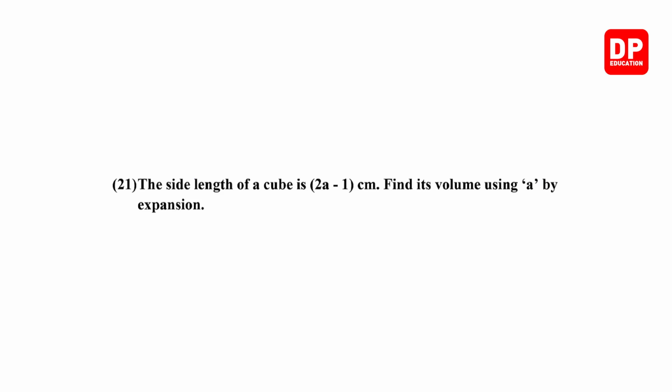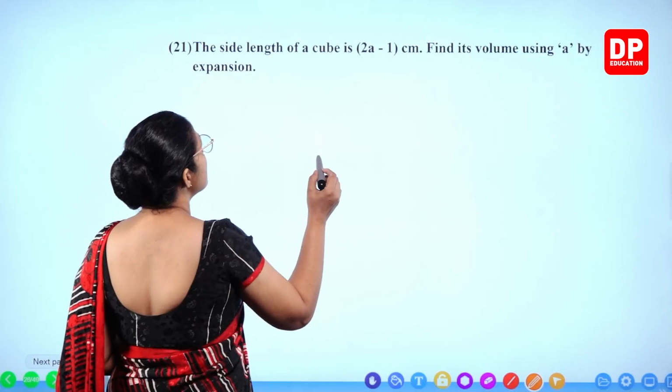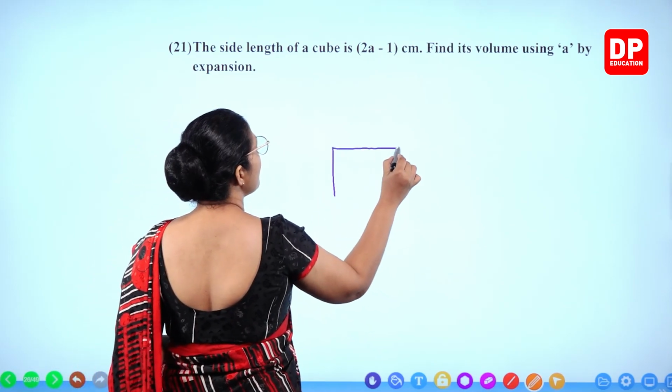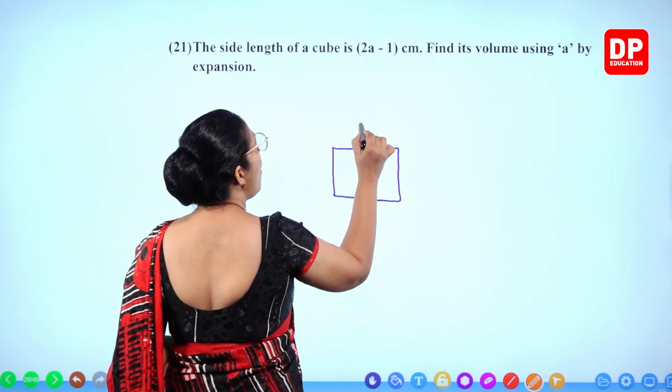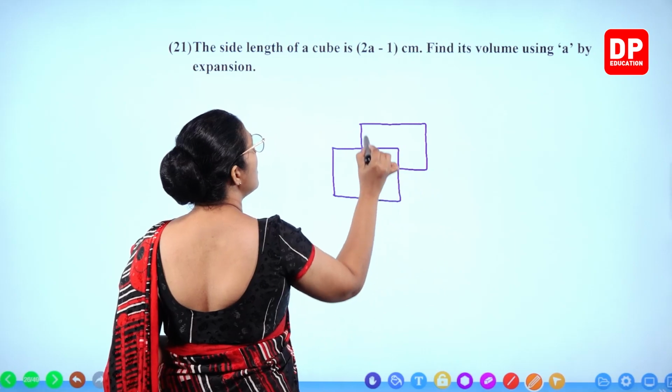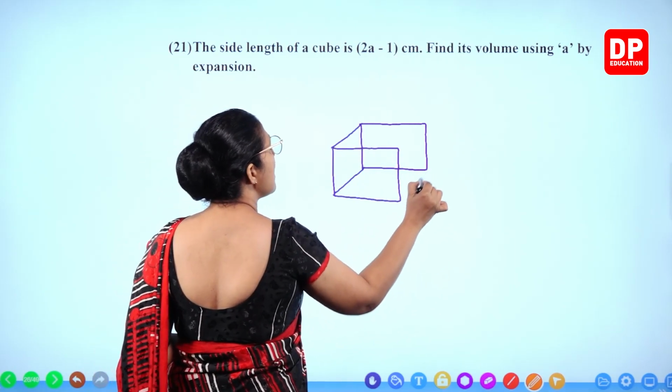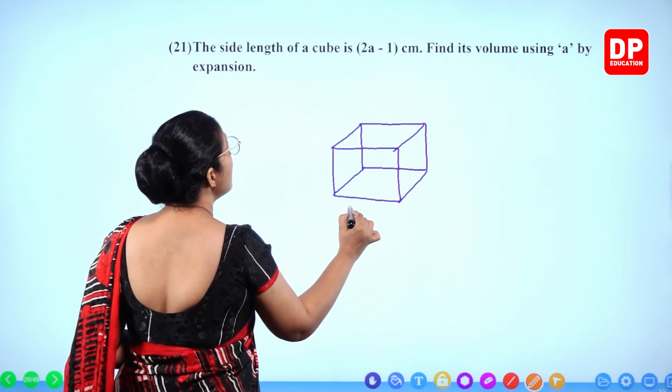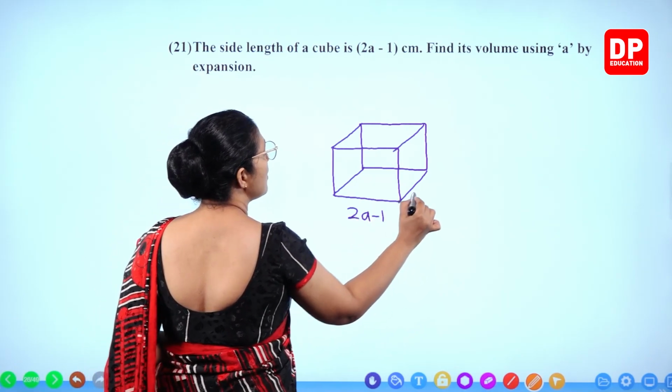Question number 21. The side length of a cube is 2a minus 1 centimeters. Find its volume using an expression in a. It's a cube. So cube means all lengths are equal. That's 2a minus 1.